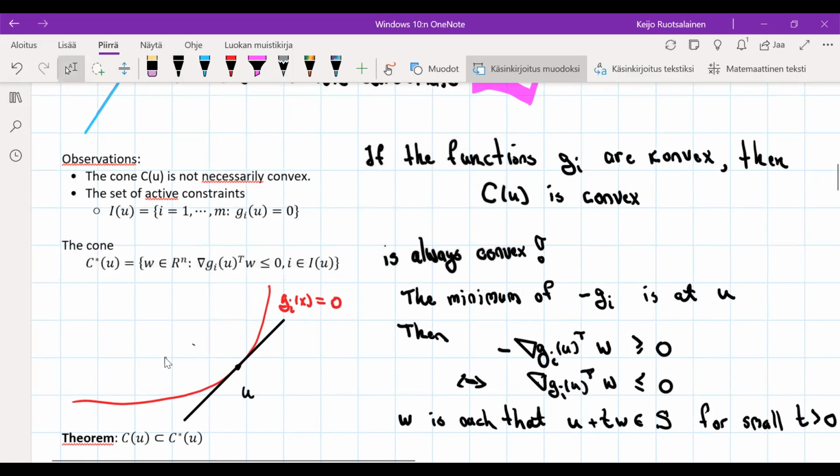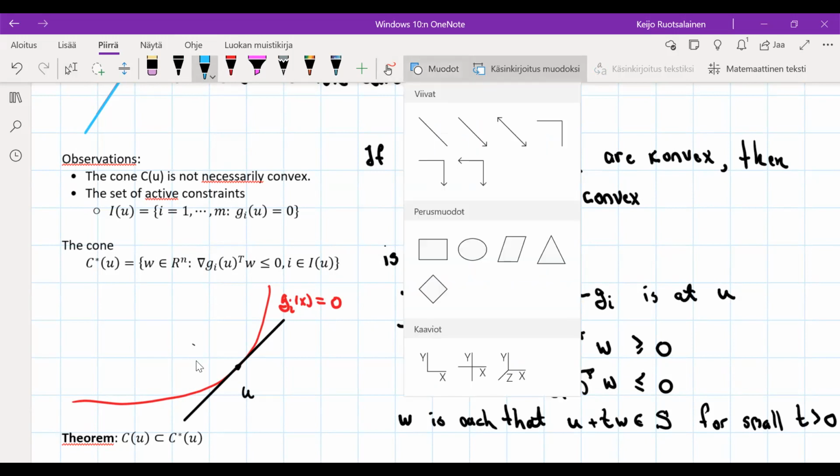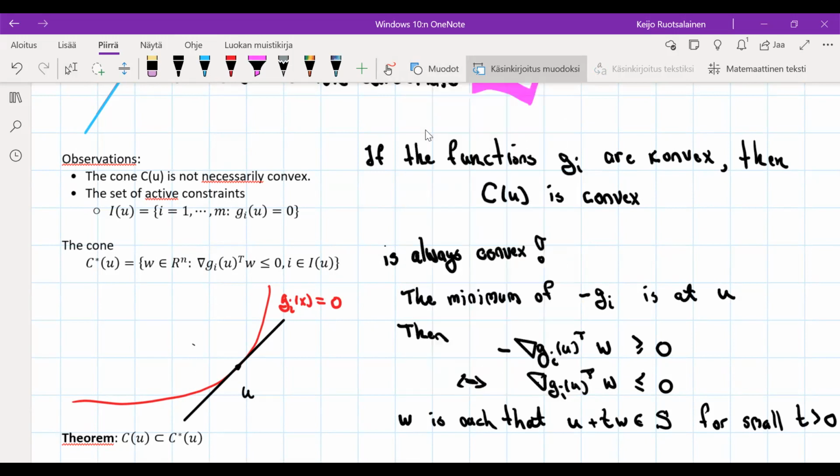And the condition, for example, for the convex case is obvious. If I draw the gradient of the function gi, where does it point?